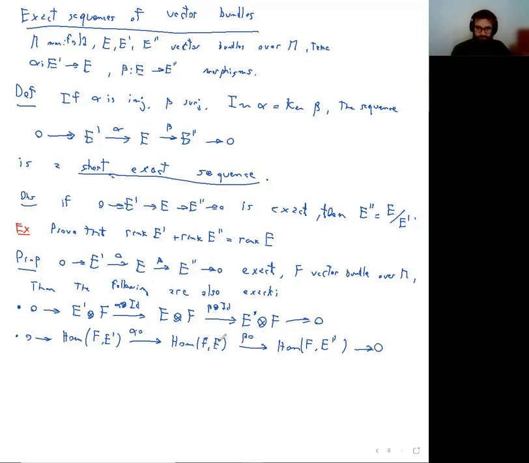I mean, this is the standard way to do this. You can also switch the order. So if instead of having a homomorphism from F to E prime, you take from E prime to F, what happens is that you actually reverse the order of the objects. So homomorphism from E second to F into homomorphism from E to F into homomorphism from E prime to F.